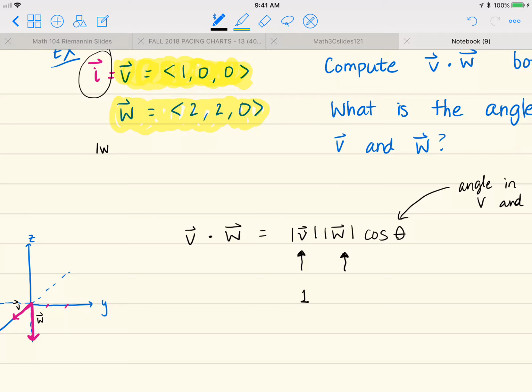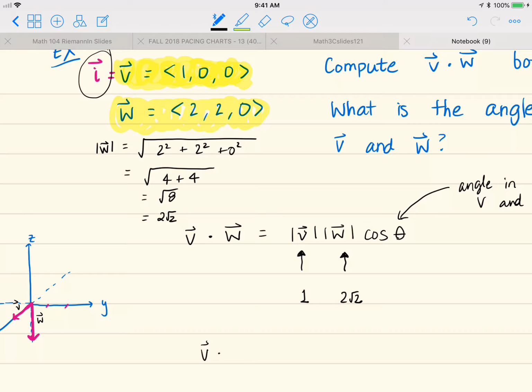To compute it, I need the square root of 2 squared plus 2 squared plus 0 squared. So that'll be the square root of 4 plus 4, which is the square root of 8. I can simplify that to 2 root 2.